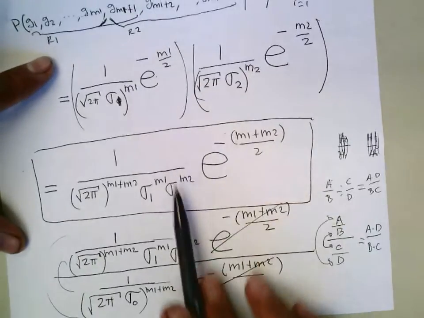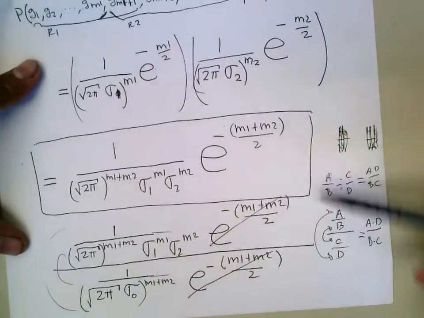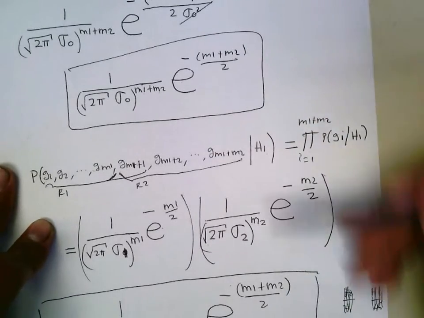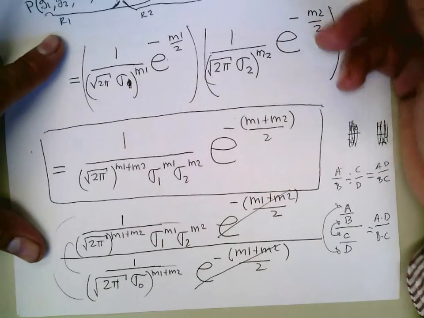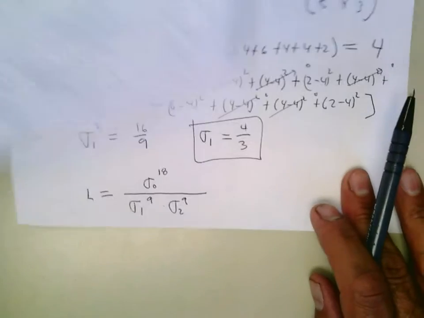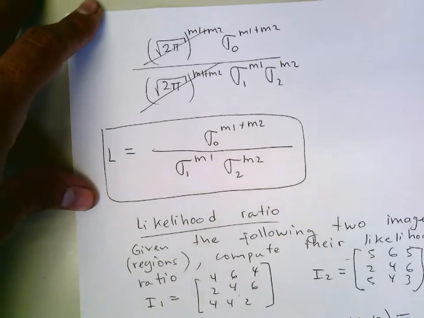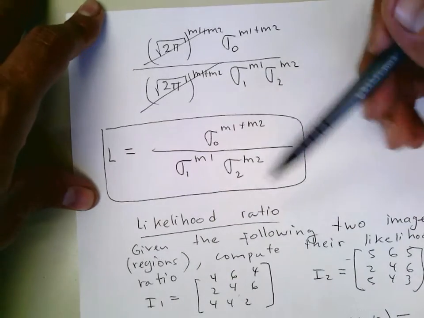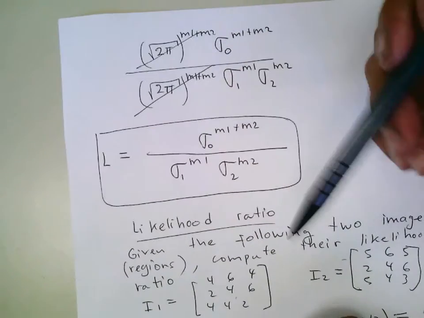It is very similar to the other one, and finally we obtain this. In these two rectangles I have the simplification of those two probabilities, and when we divide them and simplify, we get something that looks like this. This is a possible interpretation of the likelihood ratio.